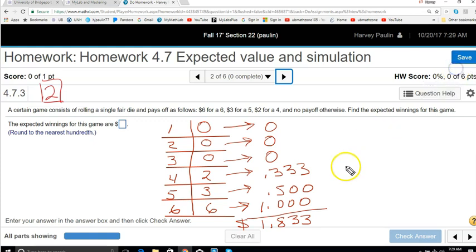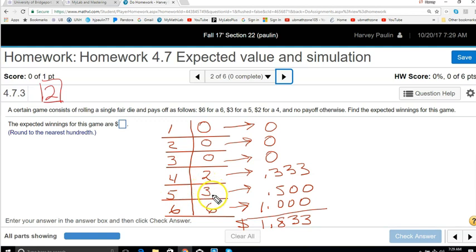So something like this. For these, there's no expected winning. Here, this is going to be 1 out of 6 times 2 is 1/3, and the decimal form of 1/3 is this. 1/6 of the time we're going to get a 5, and the winning is $3.